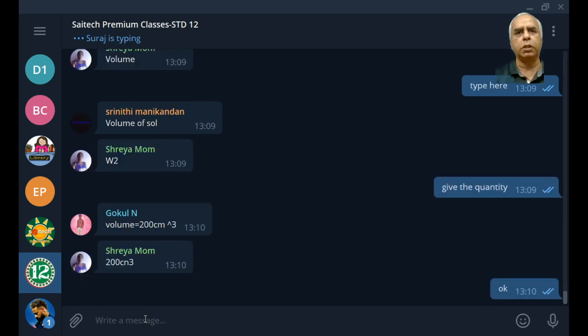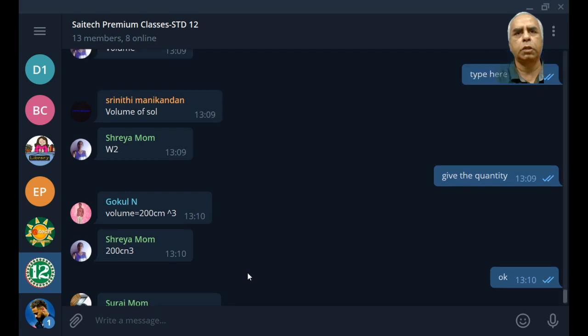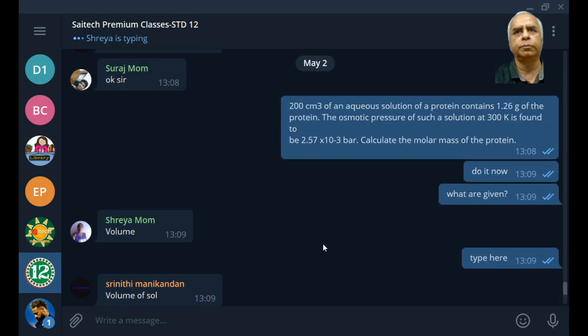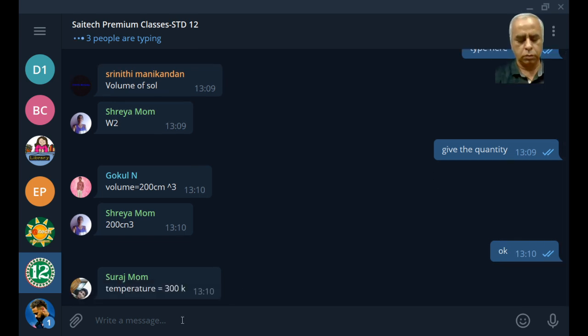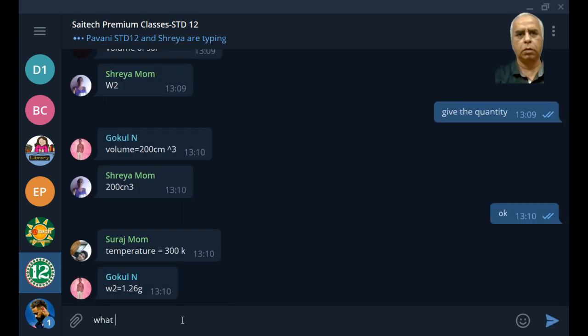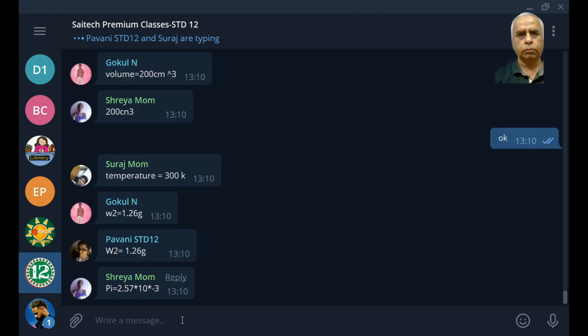Volume is 200 cubic centimeter, temperature 300 Kelvin, and what else is given? 1.26 gram of protein.